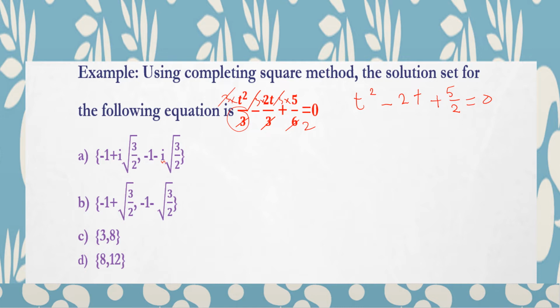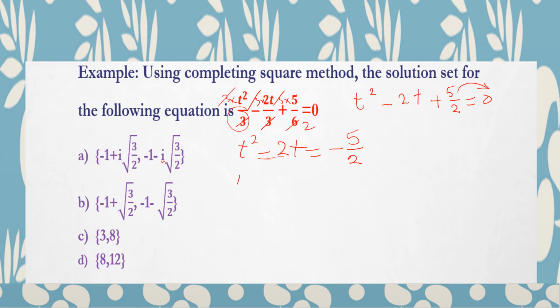The second step is to put the constant term on the right hand side. Then t squared minus 2t equals minus 5 over 2. The third step is to add the coefficient, which is b over 2 squared, and b here equals minus 2.